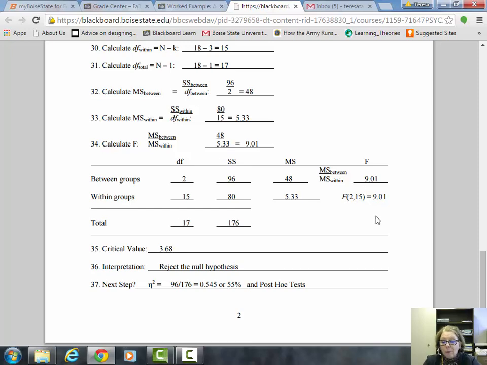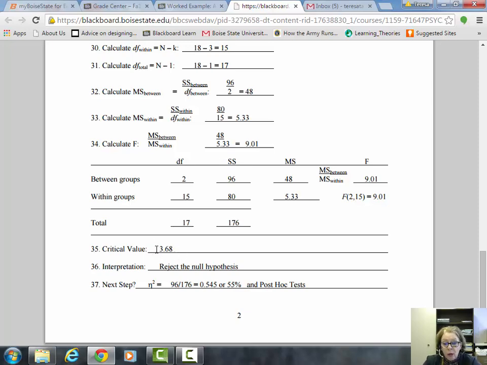So to find the proper critical value, you would orient on the numerator column and go to the column that's listed under the value of 2, and then you would go down to row 15, and at the intersection of that column and row you find two possible critical values.